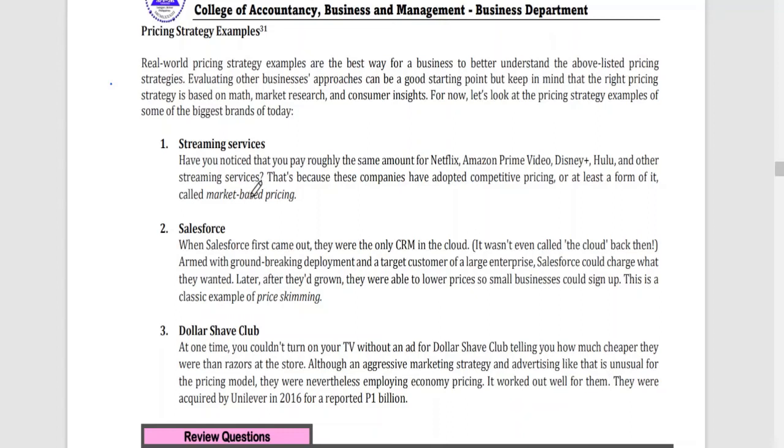If you have noticed, they offer almost the same amounts for their subscription. That's because these companies have adopted competitive pricing, or at least a form of it, which is called market-based pricing or competitive pricing. So, nag-agad na po sila kung pila po offer sa uban po nila nga competitors.